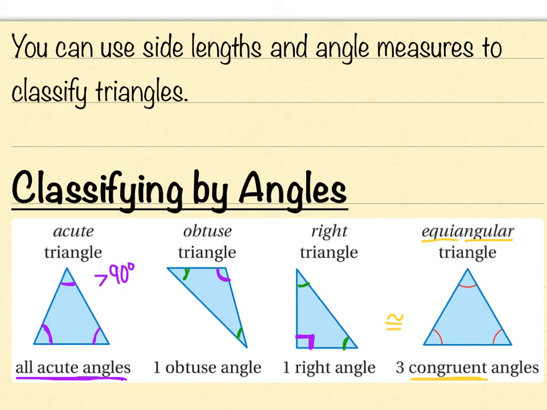If a triangle has 180 degrees in it, which you may remember from previous years of math, and I split 180 three ways, 180 divided by 3 is 60. So an equiangular triangle has three 60-degree angles because they're all the same. It's a special kind of acute triangle where all three angles are 60 degrees.